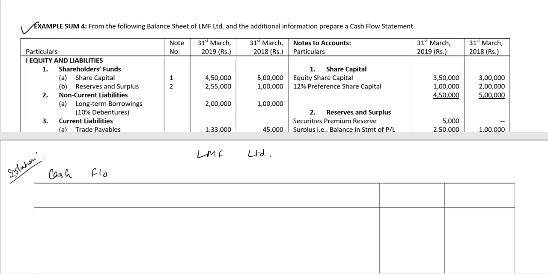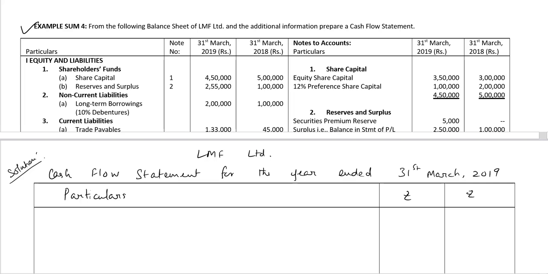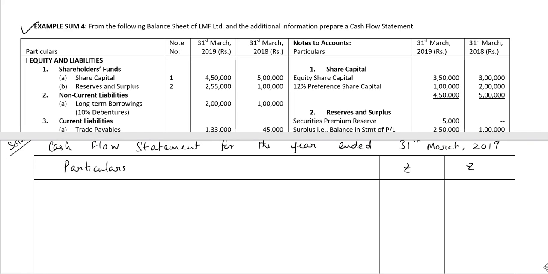Cash flow statement for the year ended 31st March 2019. Particulars: inner column and outer column. Roman number 1, cash flow from operating activities.